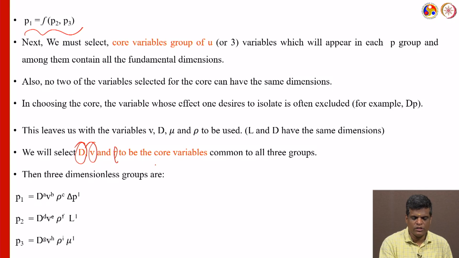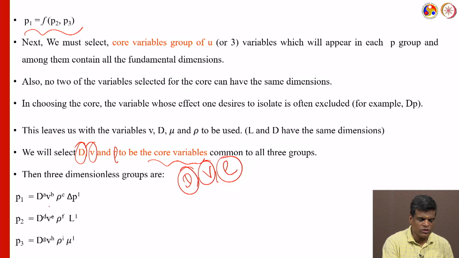So pi 1 is a group of those. Totally we have 6 variables, so 3 variables are fixed and another 3 we have to pick: one is the pressure drop, another is the length, and then viscosity.